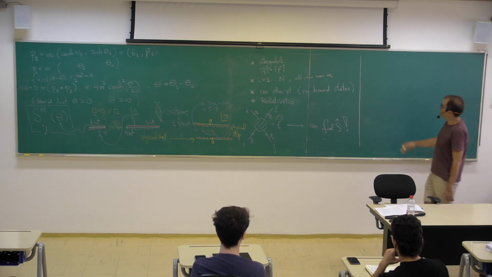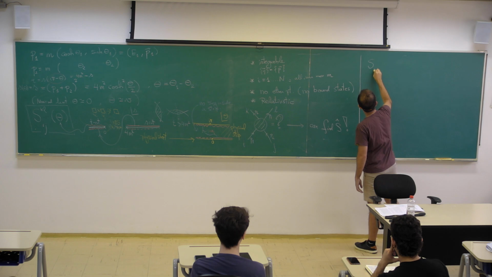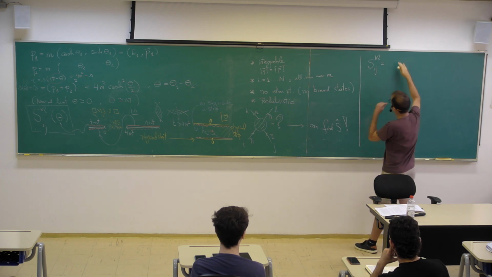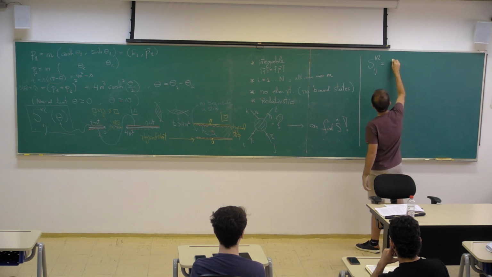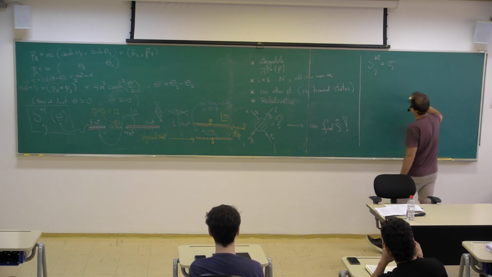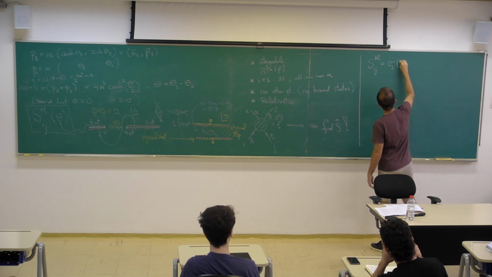So what do we do? We write S_ij,kl equal. Well, let me follow his notation and factorize one function that he calls sigma 2 of theta.